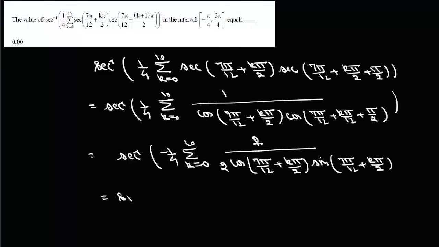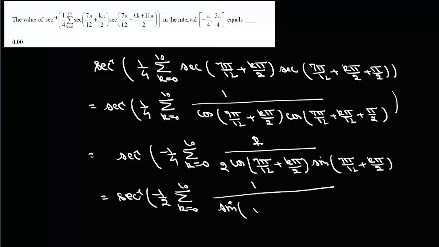So we'll get this as secant inverse minus 1 by 2, and then this summation k varies from 0 to 10. This is 1, and it will be sine 2 theta. So there will be sine 14 pi by 12 plus k pi.